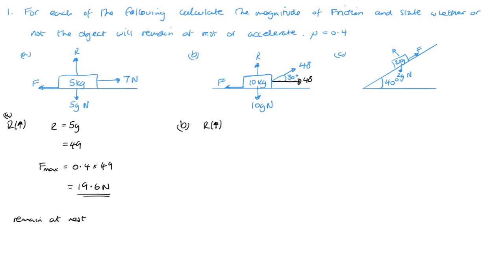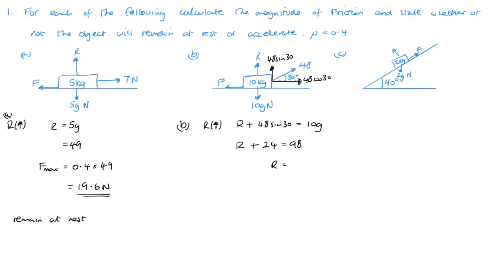So this is 48 cos 30, and this is 48 sine 30. So now when I resolve horizontally, I get R plus 48 sine 30 equals 10G. So 48 times sine 30 is 24. So we've got R plus 24 equals 98.